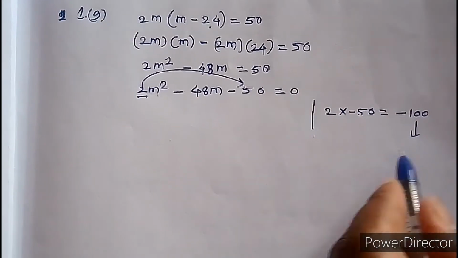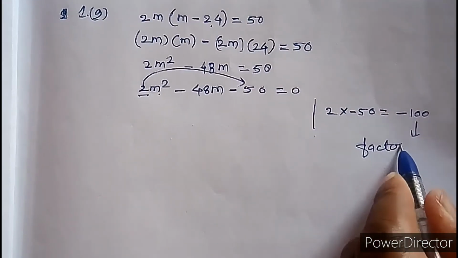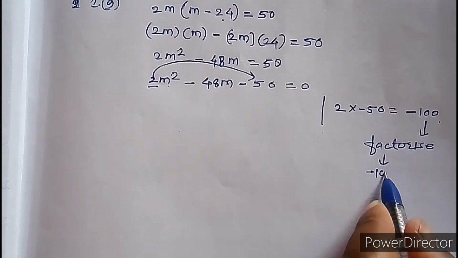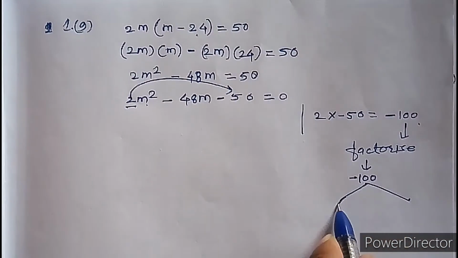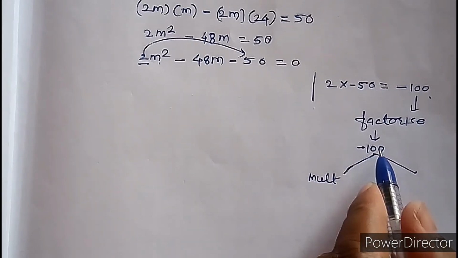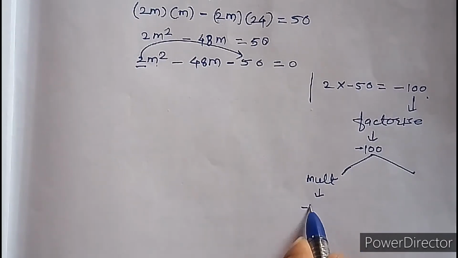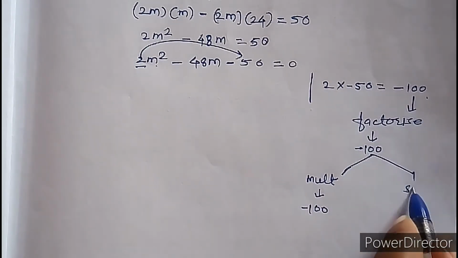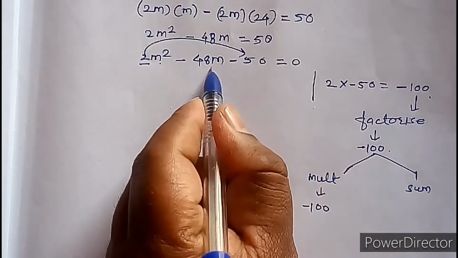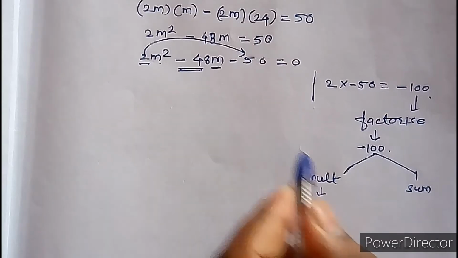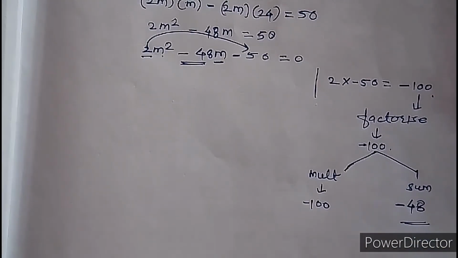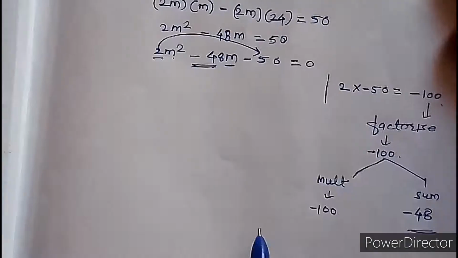Now we have to factorize this minus 100 in such a way that the multiplication of these factors will be minus 100, and the sum of these factors must be the coefficient of m, which is minus 48, means the sum must be minus 48. What will be the convenient factors of this minus 100?